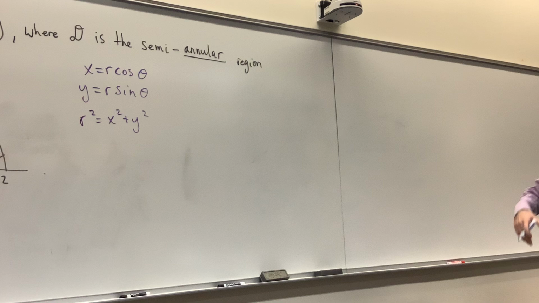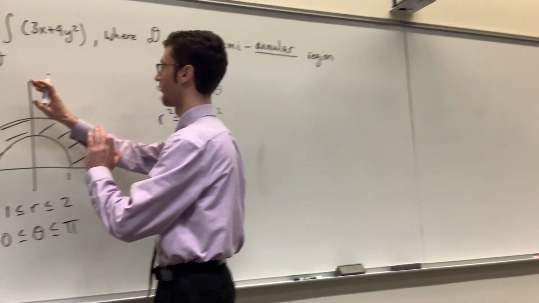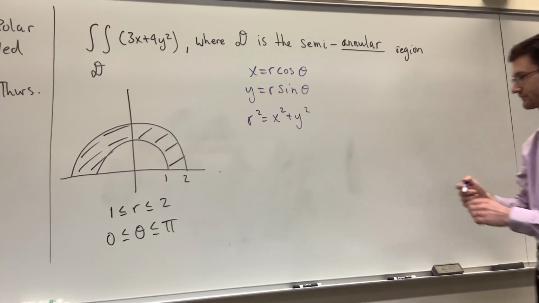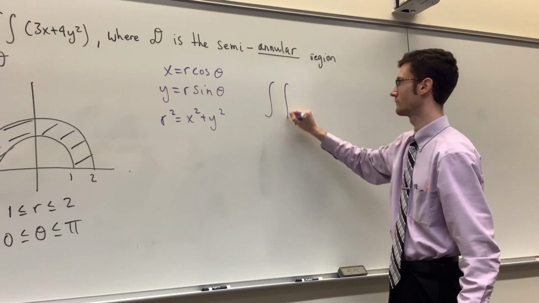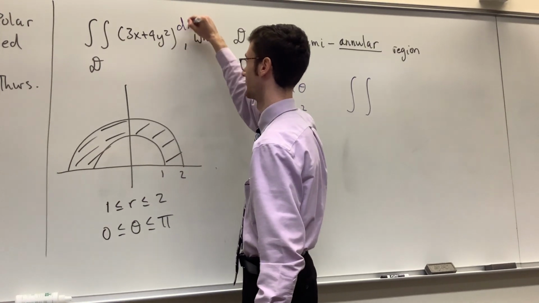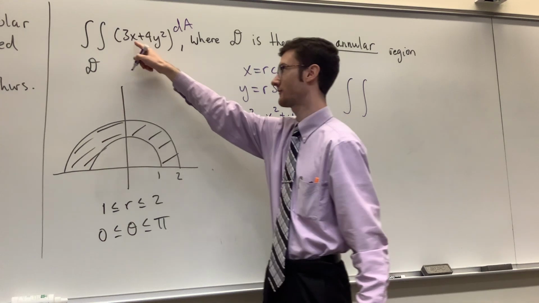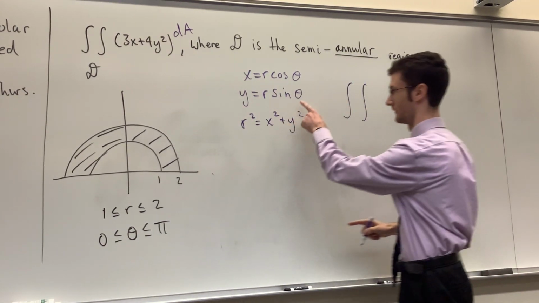So kind of the idea here is, well, let's just take the integral. Everywhere we see x here, this should be dA, sorry about that. Everywhere we see x here, we put in this one. Everywhere we see y here, we put in this one.